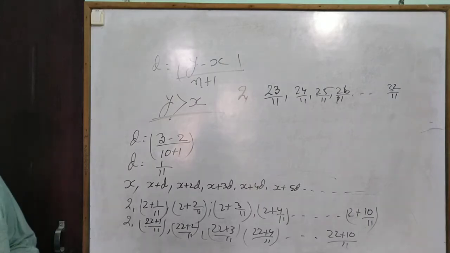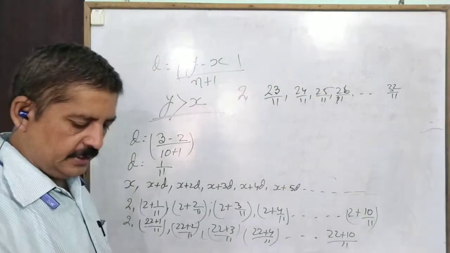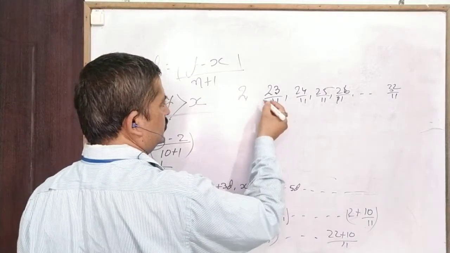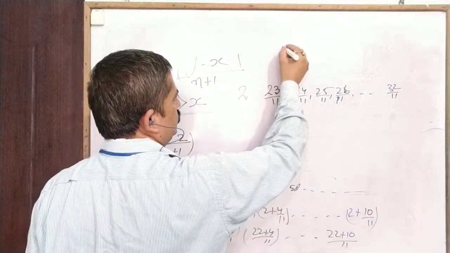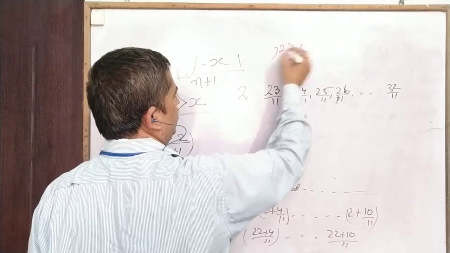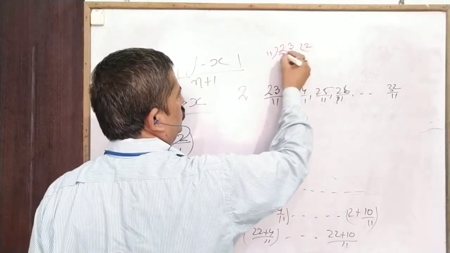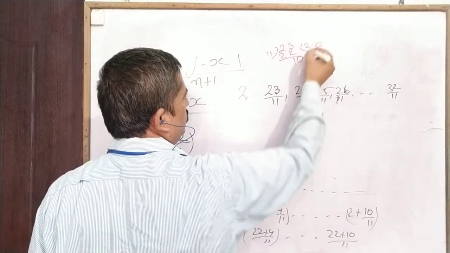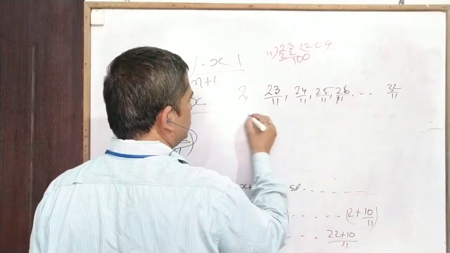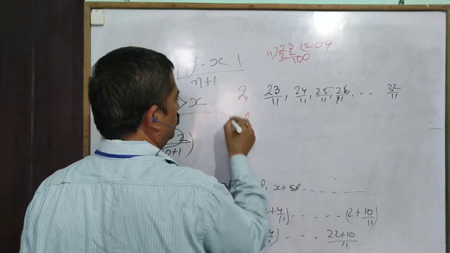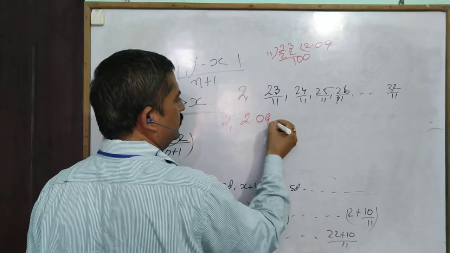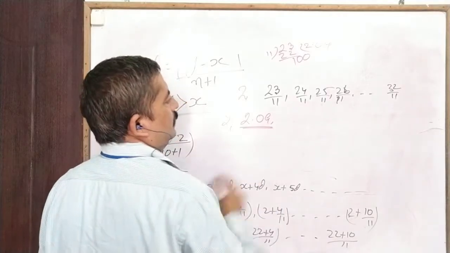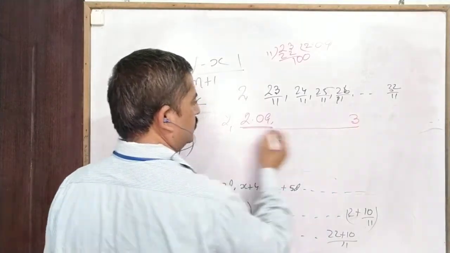So you just check it. See whether that number is greater than or less than 2 or 3. You just divide 23 by 11: 2.09. Does it lie between 2 and 3 or not?